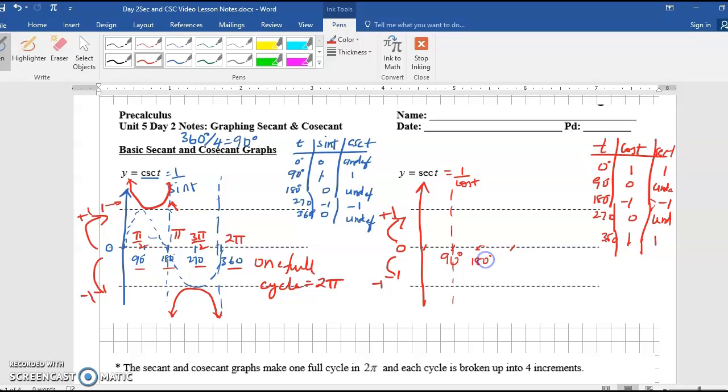At 180 we are fine, but at 270 again, there will be an asymptote. And then at 360, it'll be fine. 360 is good.